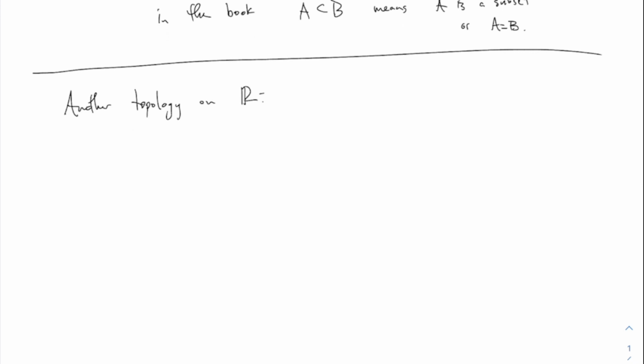Here's another topology on R, T. This one, as far as I know, doesn't have a fancy name. It is the set of all things which are either the empty set or all of R. A topology must automatically include the empty set and also the entire space. The other open sets I'm going to use are any open intervals like this, but they have to go up to infinity.